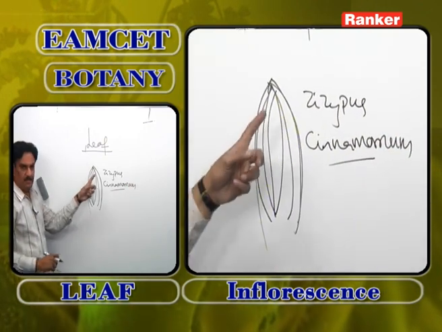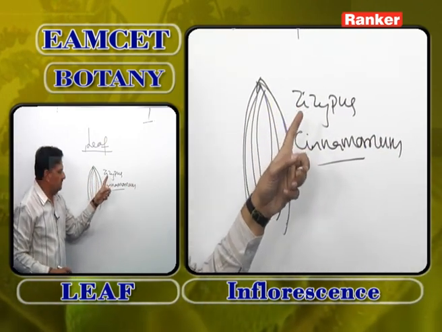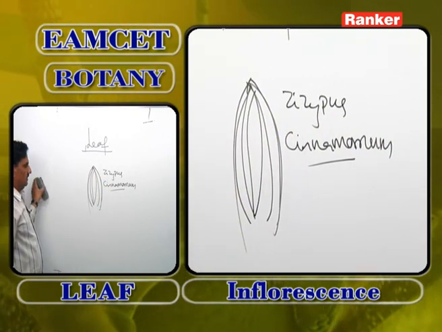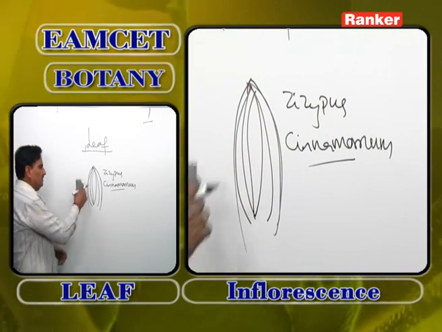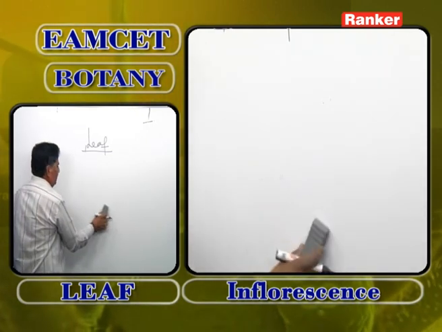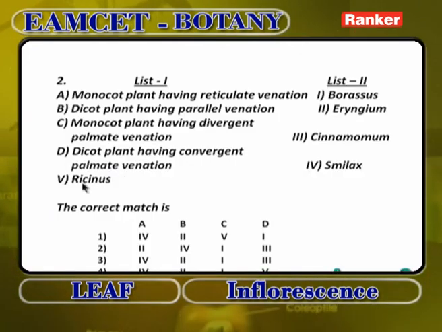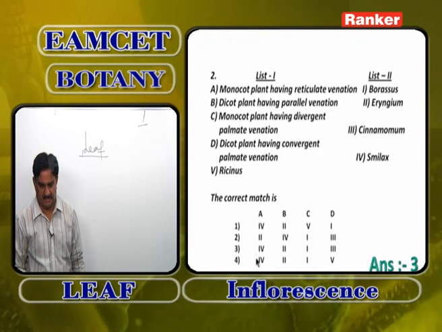In Ziziphus jujuba, stipules are modified into spines and the leaf shows palmately convergent reticulate venation. Cinnamomum is an economically important plant where the bark is used as a spice. So, the answer for this second question is the third option, 4, 2, 1, 3.